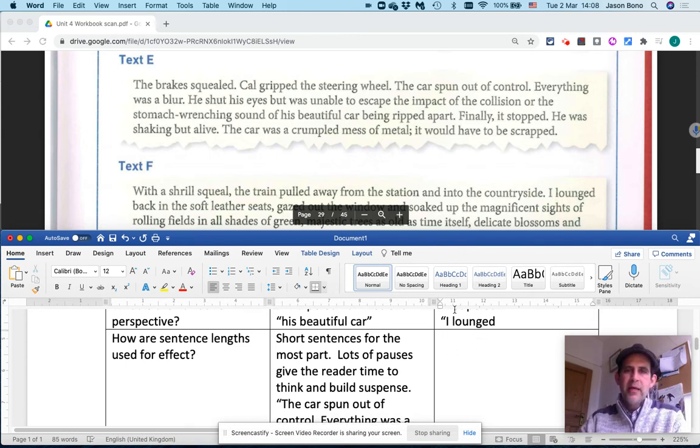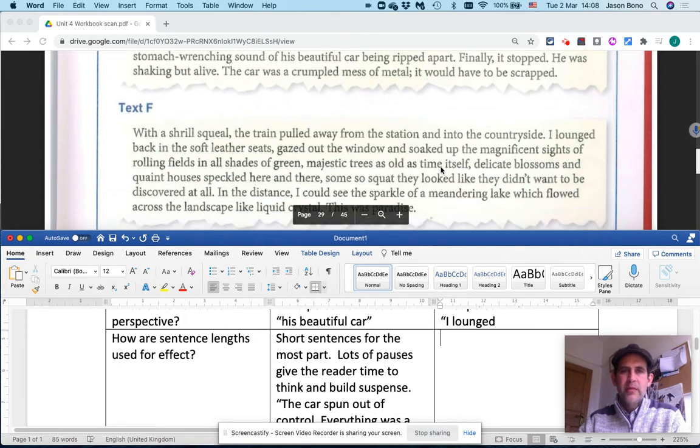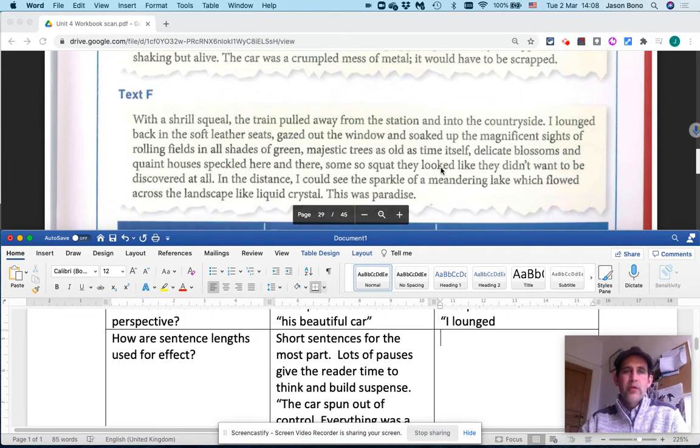Now in the second one, what do we notice about sentence lengths? With a shrill squeal, the train pulled away from the station and into the countryside. I lounged back in the soft leather seats, gazed out the window, and soaked up the magnificent sights of rolling fields in all shades of green, majestic trees as old as time itself, delicate blossoms, and quaint houses speckled here and there, some so squat that they looked like they didn't want to be discovered at all.